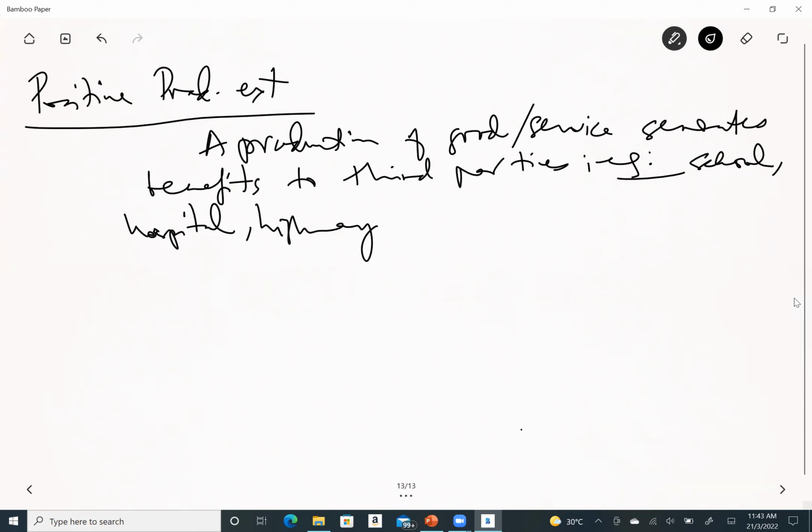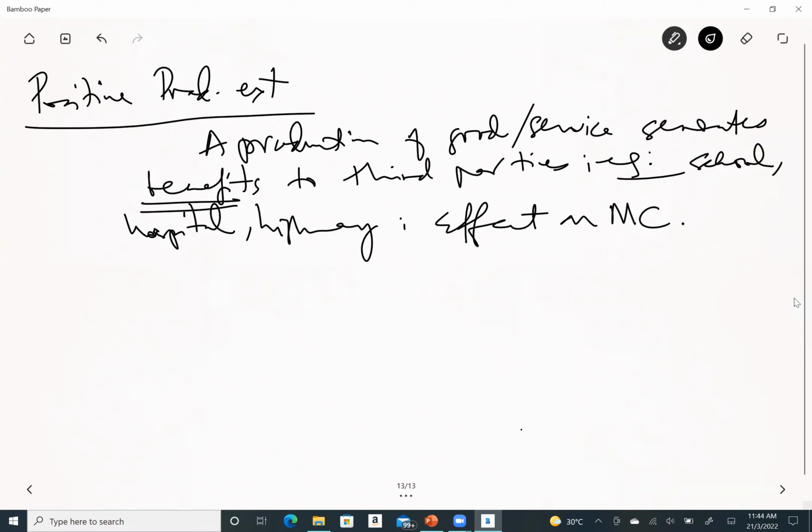So what you have here is the effect on the marginal cost. How is the effect? You have already seen negative production externality, which incurs cost. But now the production of a good generates benefits. So what happens to the total cost?